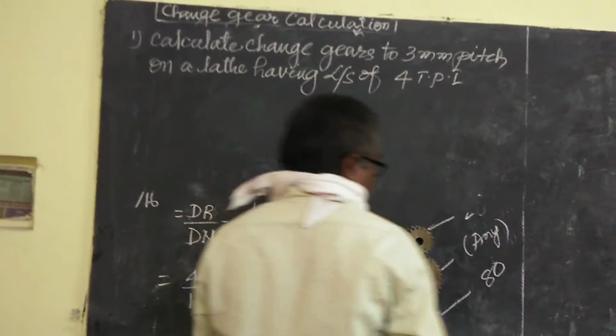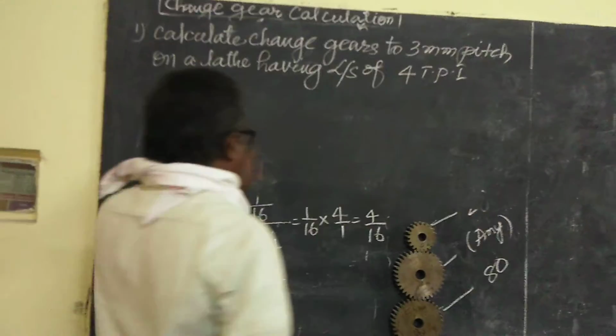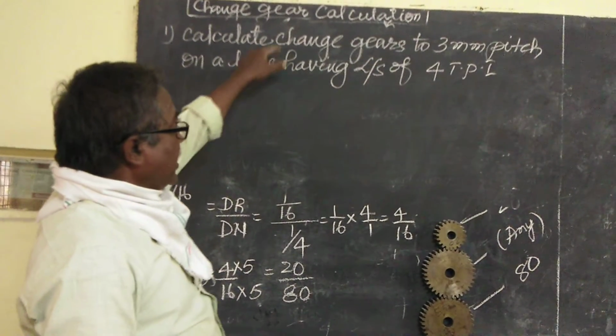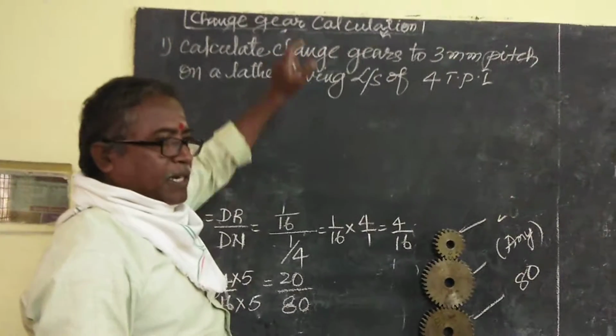In this case, this is the British machine. We are going to cut metric threads.